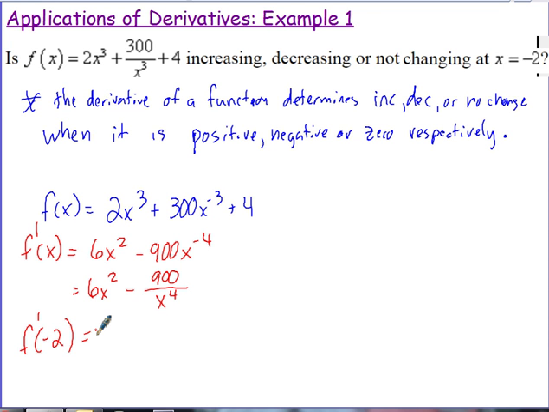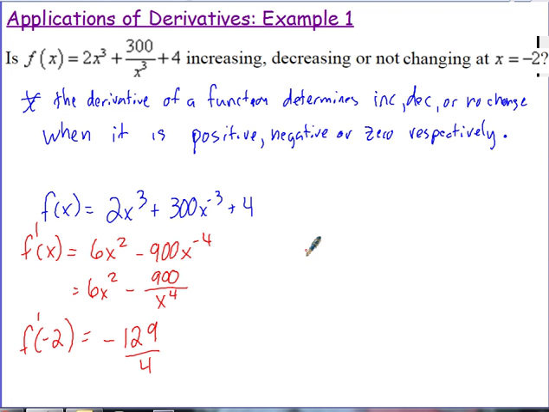What do you got? 129 over 4. Do I really care about the number itself? I care that it's what? Positive, negative, or 0. I care that it's positive, negative, or 0. So according to this, since it's negative, what does that tell me? It's decreasing.